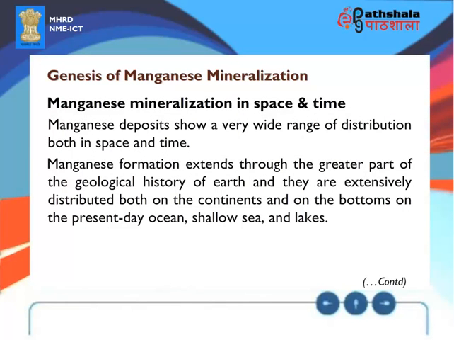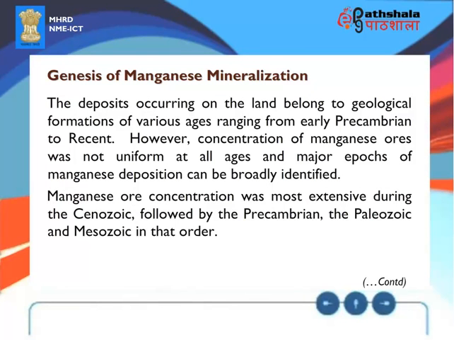Manganese mineralization in space and time. Manganese deposits show a very wide range of distribution both in space and time. Manganese formation extends through the greater part of the geological history of Earth, and they are extensively distributed both on the continents and on the bottoms of the present-day ocean, shallow sea, and lakes. The deposits occurring on the land belong to geological formations of various ages ranging from early Precambrian to recent.